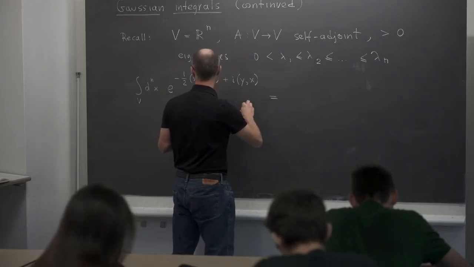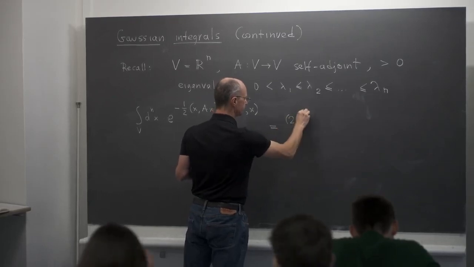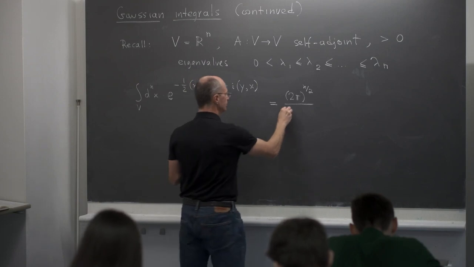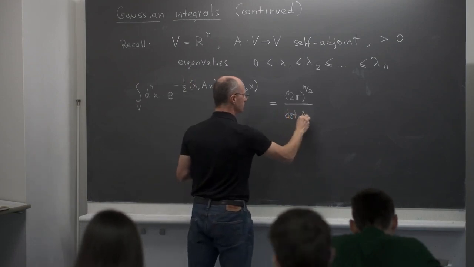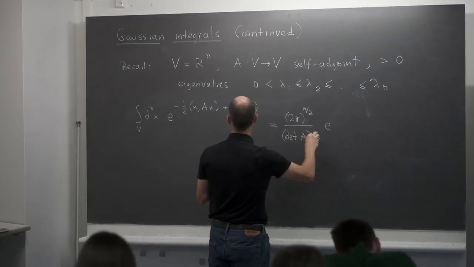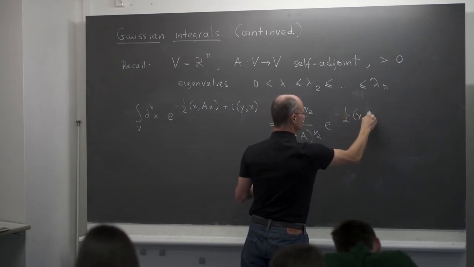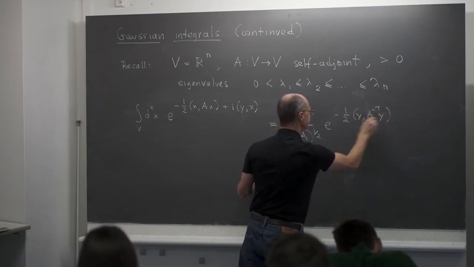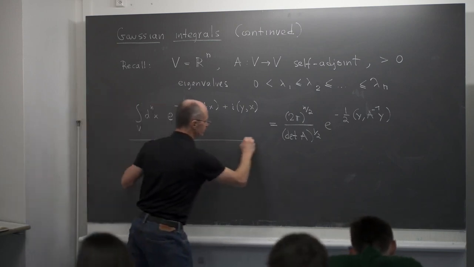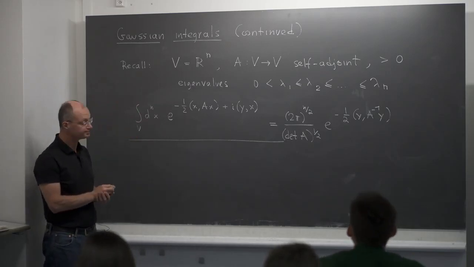So the answer will be something like this: (2π)^(n/2) over the square root of the determinant of A, and here it will be minus 1/2 y A inverse y. So that's the formula that we have already seen several times.